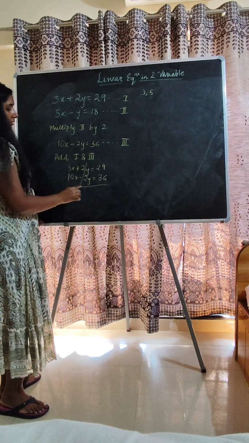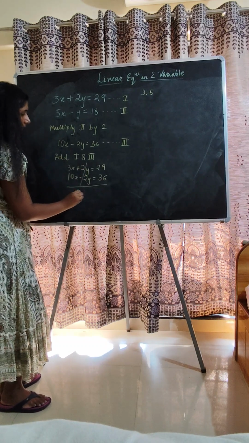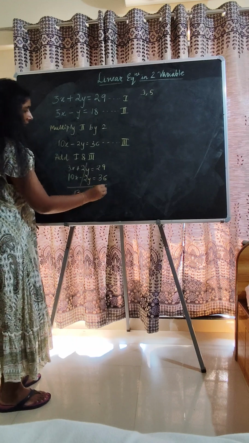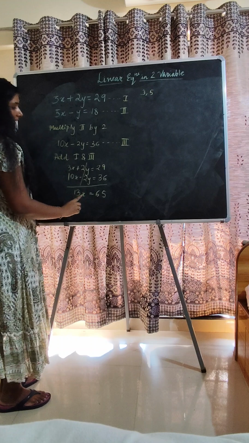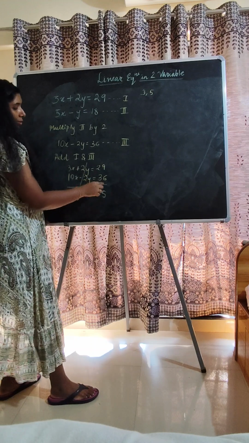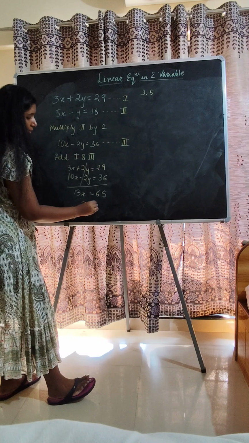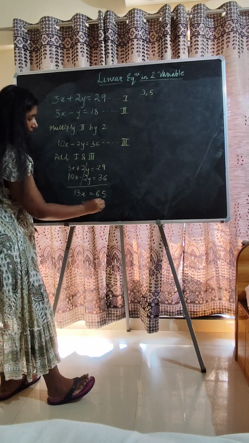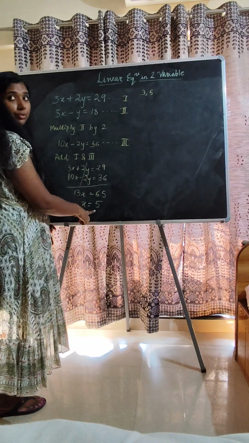That means 2 minus 2 is 0, 10 plus 3 is 13, 13x is equal to 65. When you add this you get 65, and 65 divided by 13, so x is equal to 5.